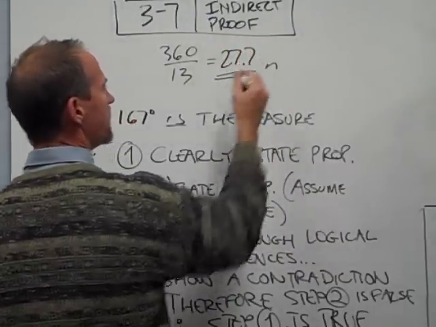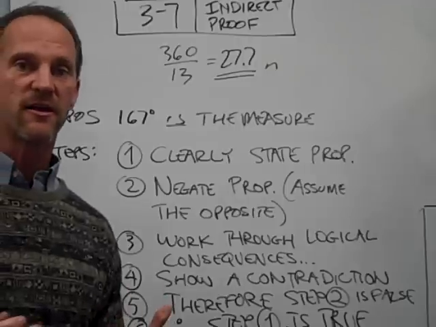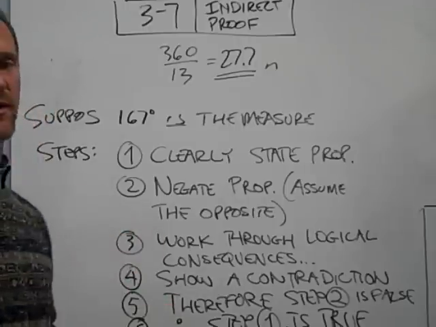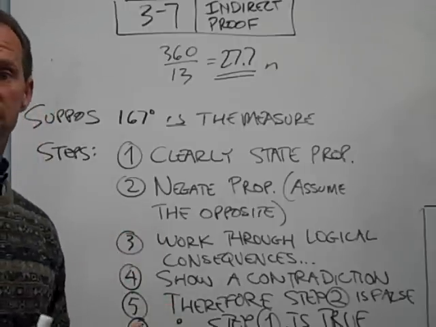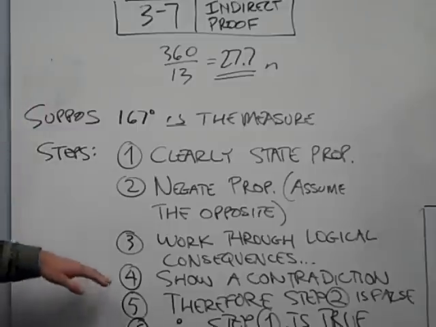Well, there's no way that I can have a polygon that has 27.7 sides in it. It has to be a whole number. So that's the absurdity, that's the contradiction.